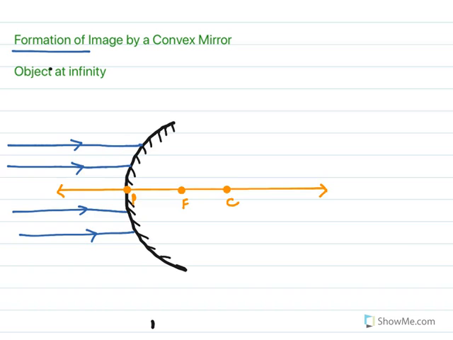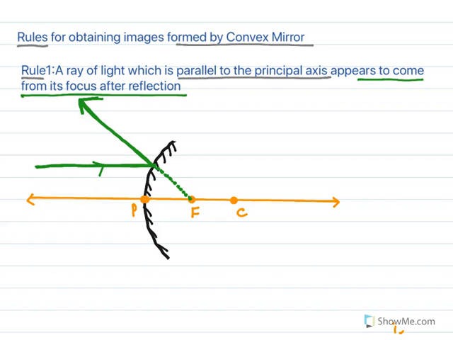Now remember that this is a convex mirror, it's a diverging mirror, and the rays that come parallel, after reflection they appear to come from the focus.